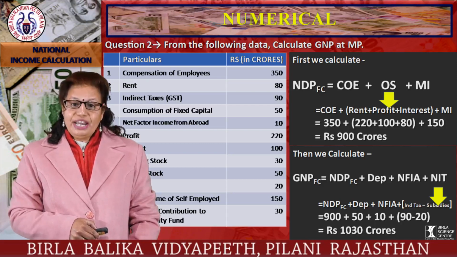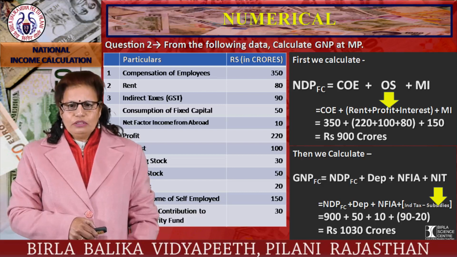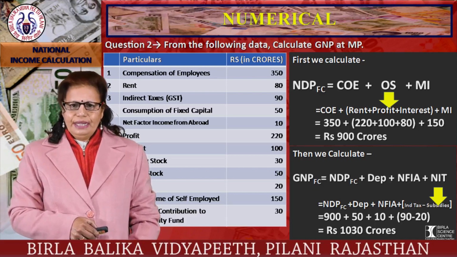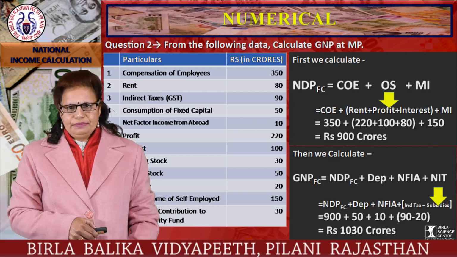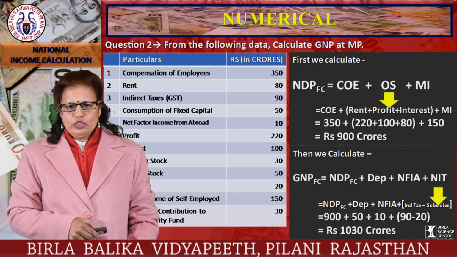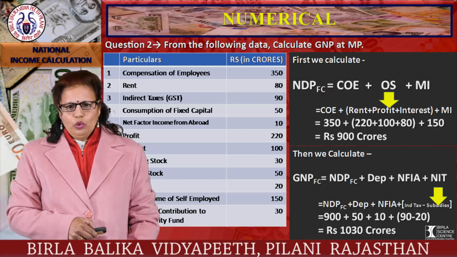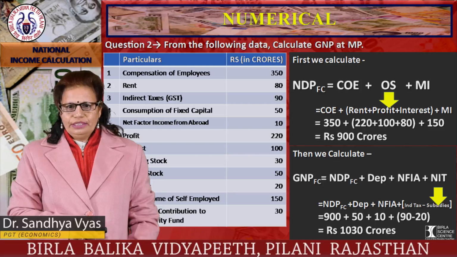Then you calculate GNP at market price, that is NDP at factor cost plus depreciation plus NFIA plus NIT. What is NIT? Indirect tax minus subsidies. 900 plus 50 plus 10 plus (90 minus 20), and you will get rupees 1030 crores. So this is your GNP at market price.